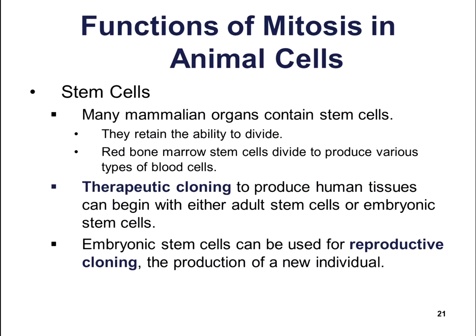I'm sure you've heard of stem cell research, but therapeutic cloning is used to produce human tissues, and they can begin with either an adult stem cell or an embryonic stem cell, and you can grow these and actually make tissues. And embryonic stem cells can be used for reproductive cloning, and that is the production of a new individual.